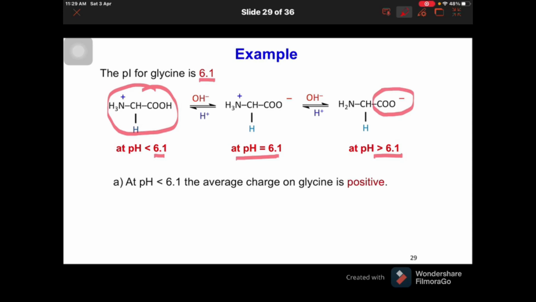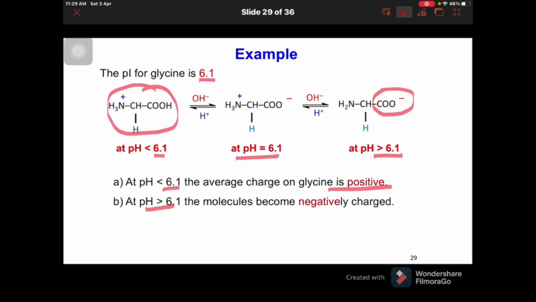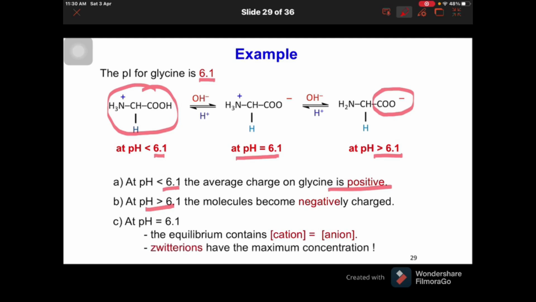At pH below 6.1, the average charge of glycine is positive. At pH more than 6.1, the molecule becomes negatively charged. And at pH equal to 6.1, the concentration of cation equals the concentration of anion. Zwitterion has the maximum concentration.